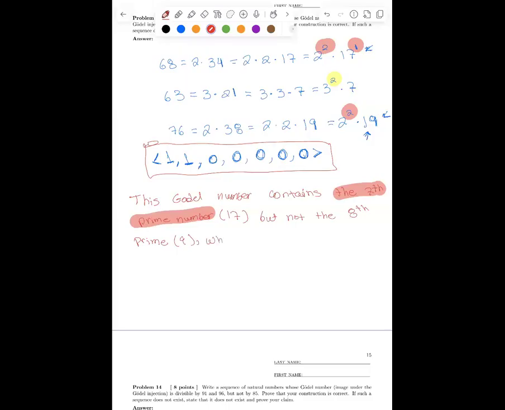And which implies that the length of the sequence is exactly 7. And I can see that because 1, 2, 3, 4, 5, 6, 7. My length is 7.